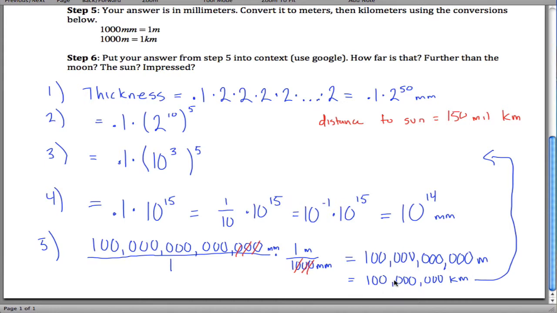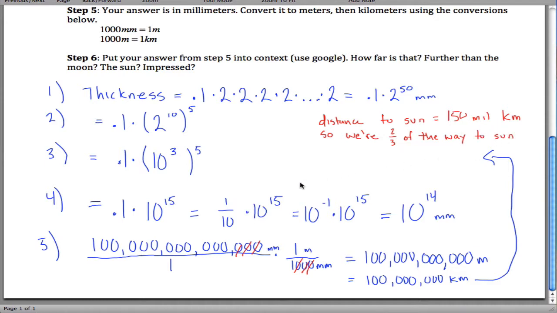So we're not quite to the sun. We're what, 2/3 of the way? We've gone 100 million kilometers, and we need to go to 150 million kilometers. So we're 2/3 of the way to the sun.